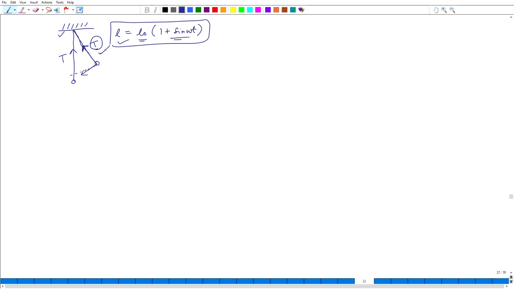Now, if we are considering another case where a particle is moving, I should not use the word slide because it somehow assumes a surface.